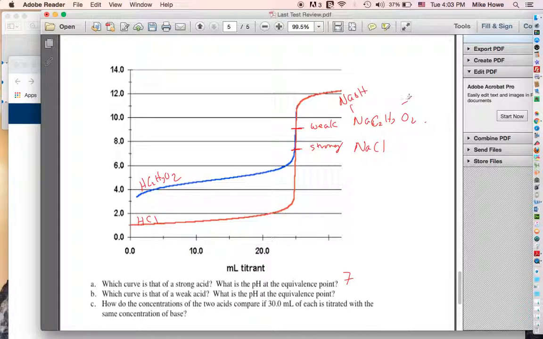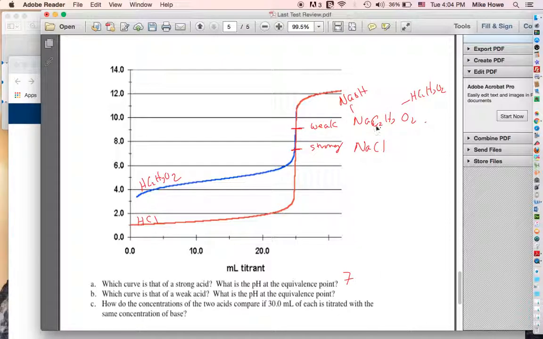And the acid from which sodium acetate would originate would be C2H3O2. So it's a strong base and a weak acid. So the salt will be basic, which is at the point where both the acid and the base have been consumed. All you have at this point is the salt, and the pH, you see, is 9, which is a basic pH.